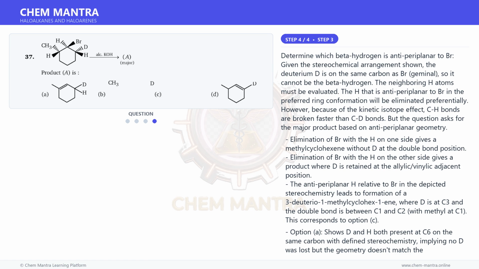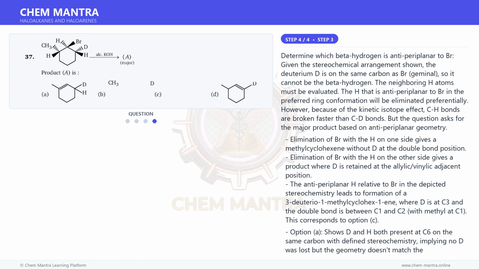The H that is anti-periplanar to Br in the preferred ring conformation will be eliminated preferentially. However, because of the kinetic isotope effect, C-H bonds are broken faster than C-D bonds. But the question asks for the major product based on anti-periplanar geometry. Elimination of Br with the H on one side gives a methylcyclohexene without D at the double bond position.